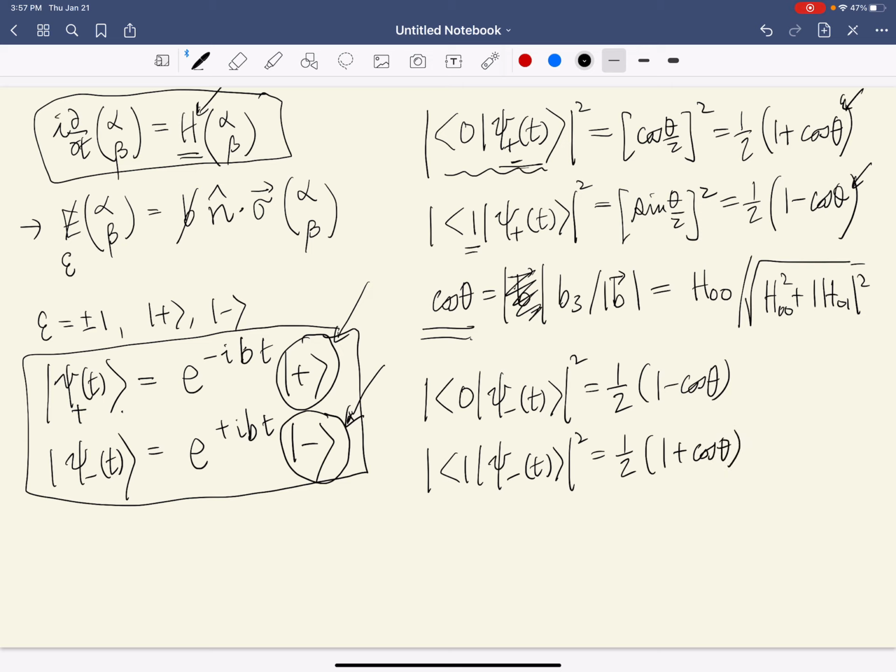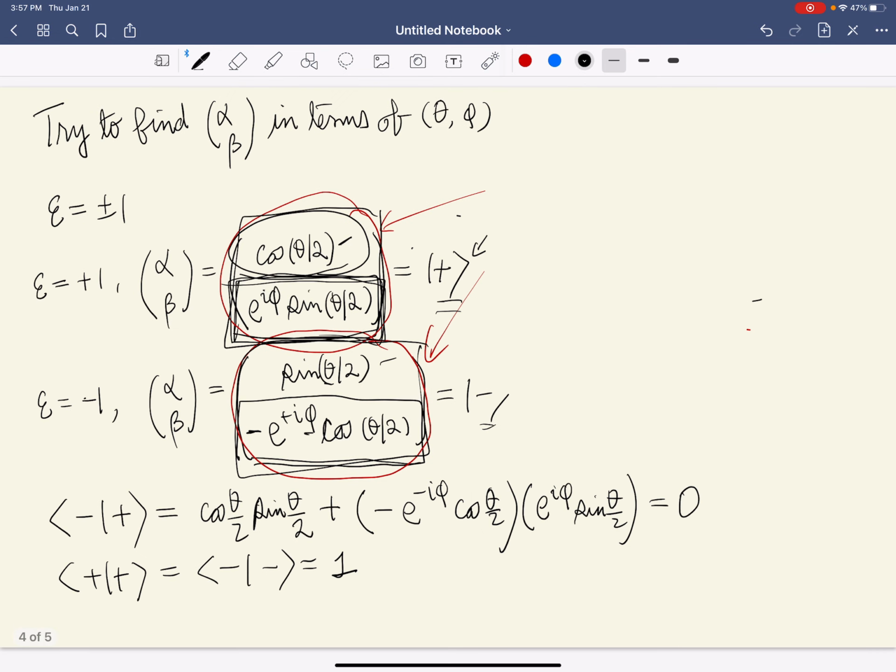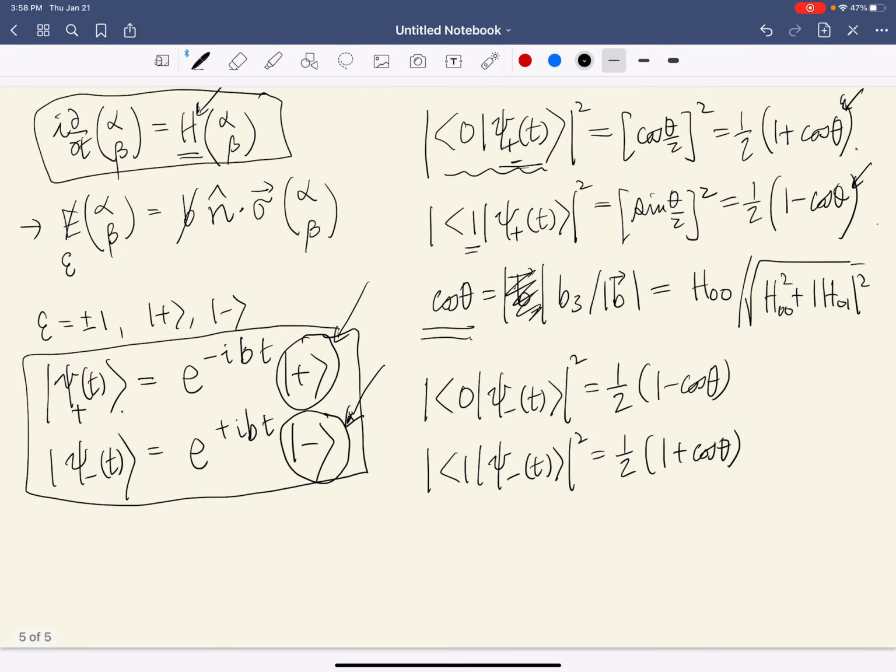And the reason why these probabilities are switched is because in place of cosine theta half, we have a sine theta half, and in place of sine theta half, we have a cosine theta half over here. So these cosines and sines get interchanged as you go from the psi plus eigenstate to the psi minus eigenstate. Okay, I guess that's really all there is to it. So I hope you enjoy learning it.